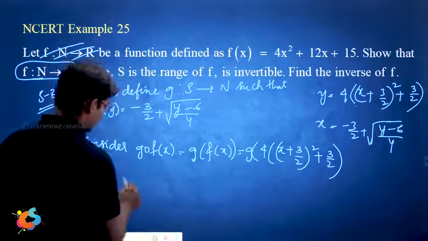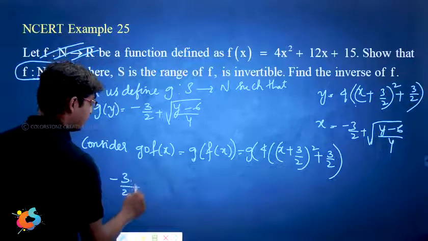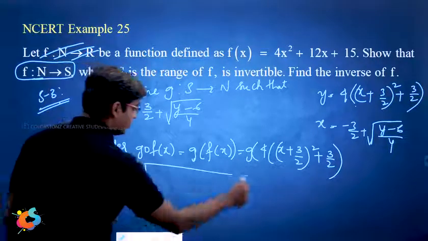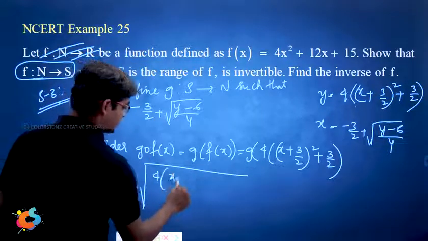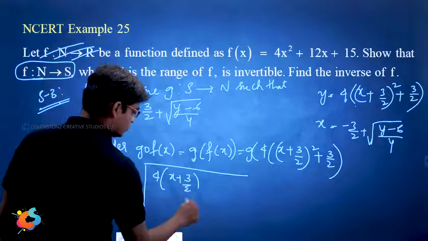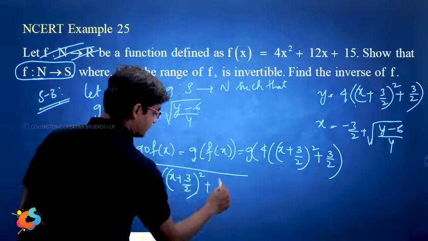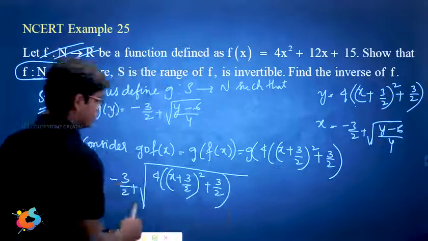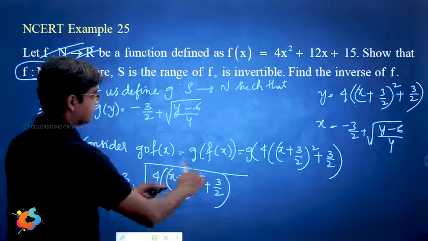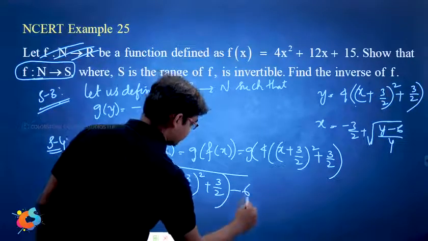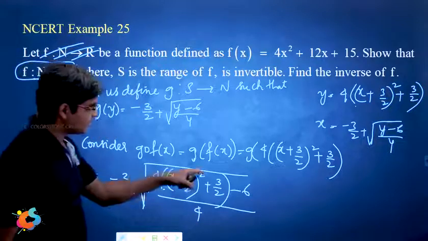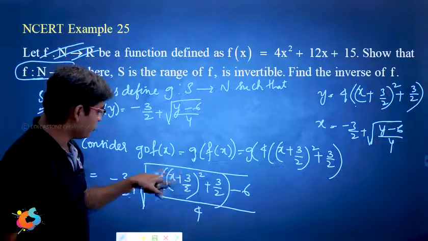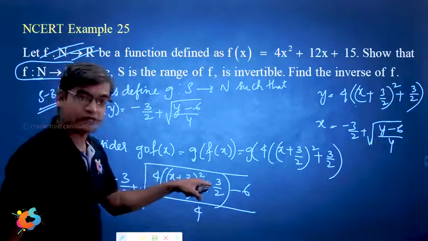So what are we going to get? Minus 3 by 2 plus under root of, in place of y, this should come. So 4 into x plus 3 by 2 whole square plus 3 by 2. So this has been replaced in place of y and divided by 4. So when I multiply this 4 inside, then 4 will be there here and into 4 will come here.